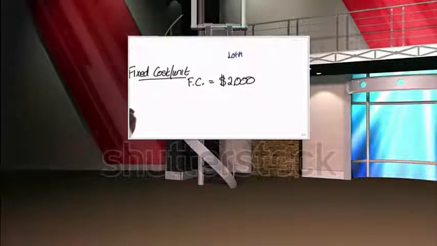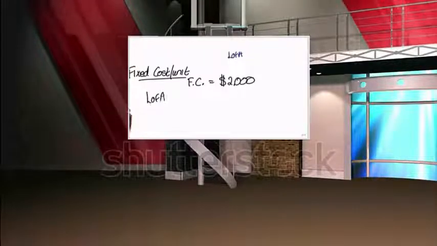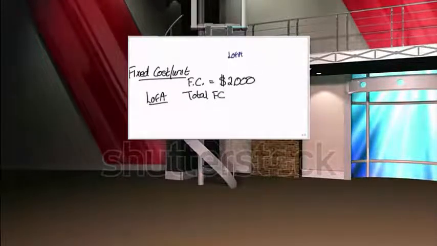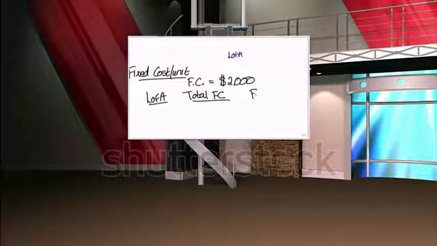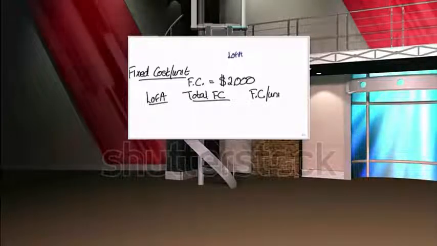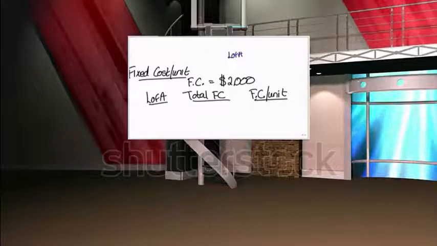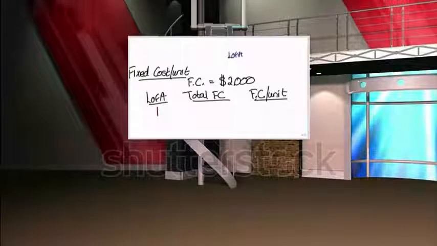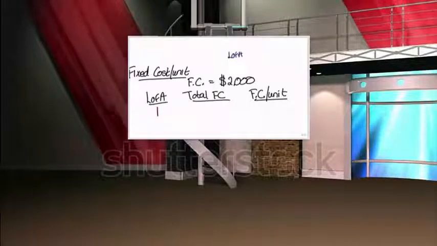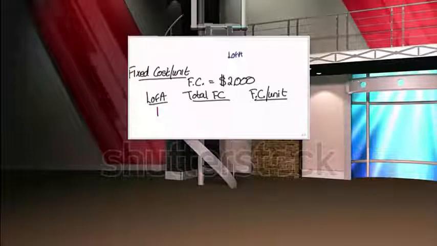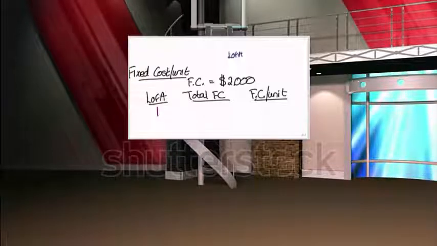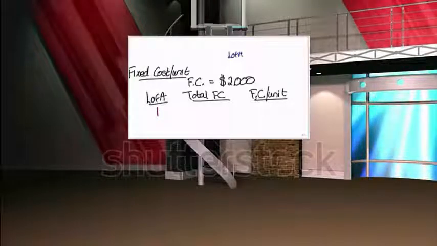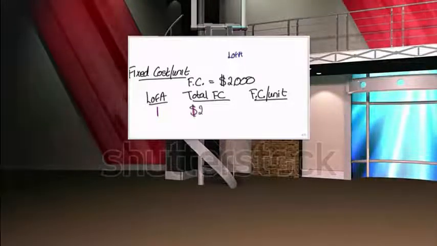What we want to look at then, for a number of different levels of activity, is what the total fixed cost will be, and what the fixed cost per unit will be. Let's start with a level of activity of 1 unit. If we produce 1 unit, what will our total fixed cost be? Well, remember our fixed costs remain constant in total terms, so they'll be $2,000.